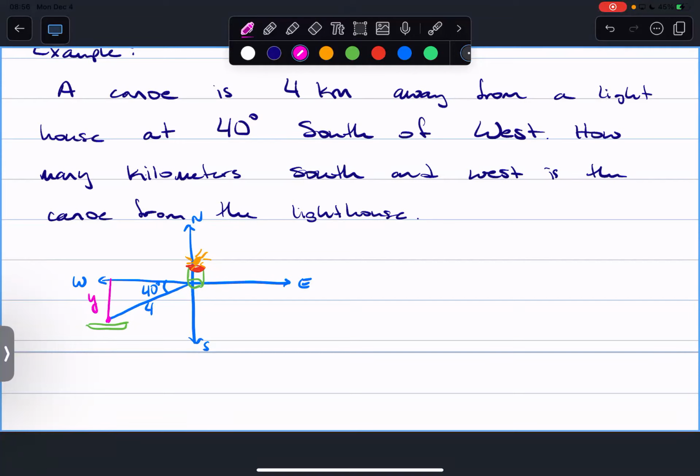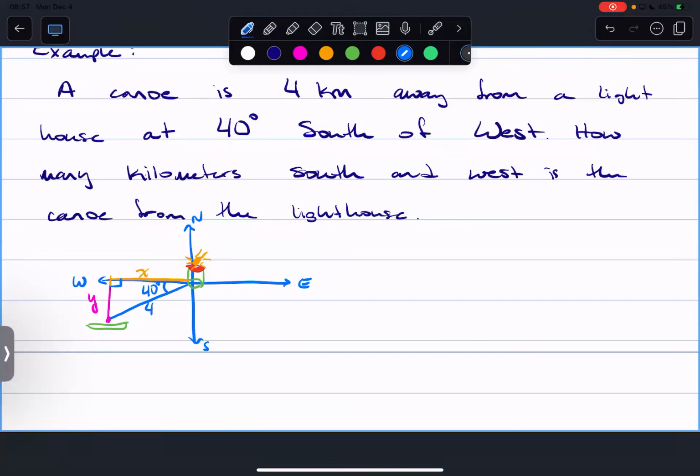Because it's going down from the x-axis into the negative y-axis. And here, this is going to be my x, which is also technically negative, right? Going into the negative x-axis. Now, those are just distances, right? But when we're looking at it, it helps to remember there.